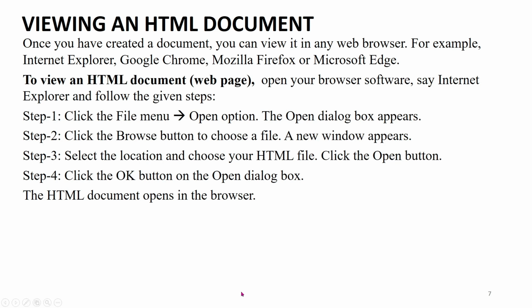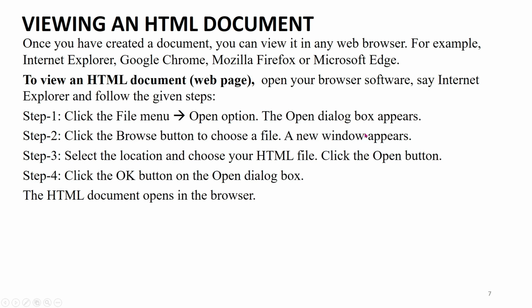To view an HTML document, that is the web page, open your browser software, say Internet Explorer, and follow the given steps. How will you do? Click the File menu, then go to the Open option. The Open dialog box will appear. Now here, using the Browse button, choose the file.